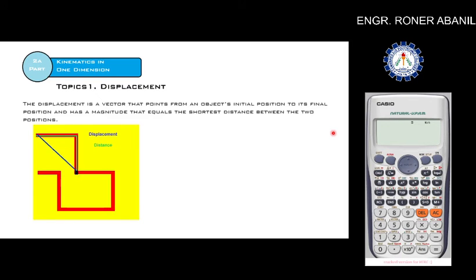So kinematics deals with the concepts that are needed to describe motion without any reference to force. So to present this topic, let's discuss these concepts as applied to motion in one dimension. And yung susunod nating chapter naman is yung two-dimensional.